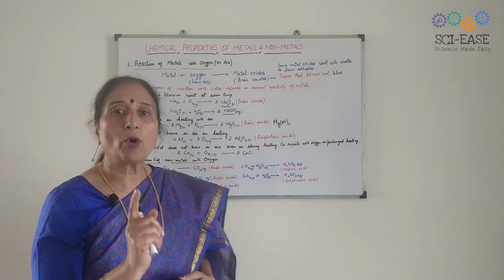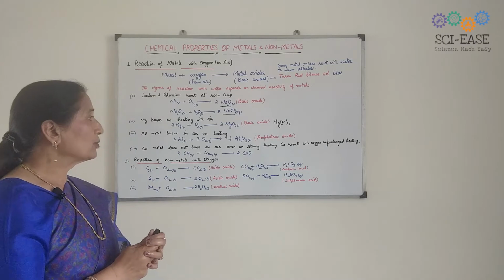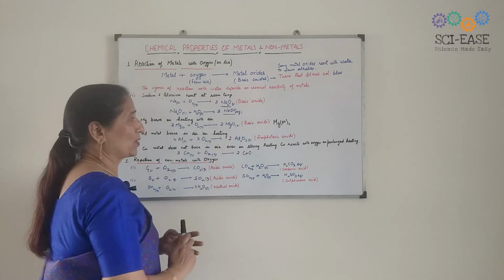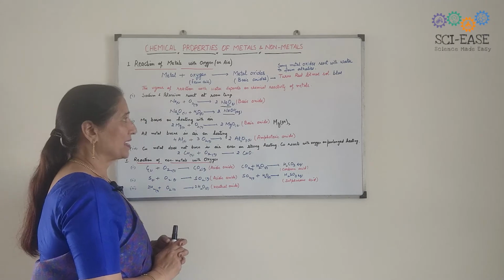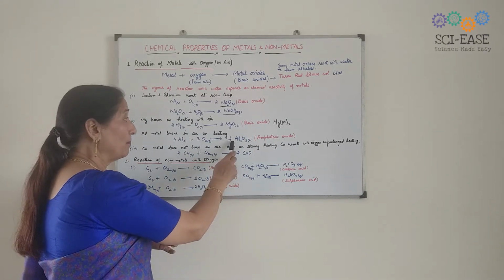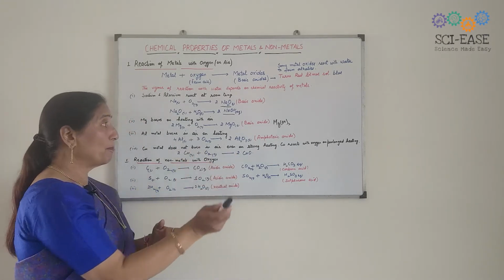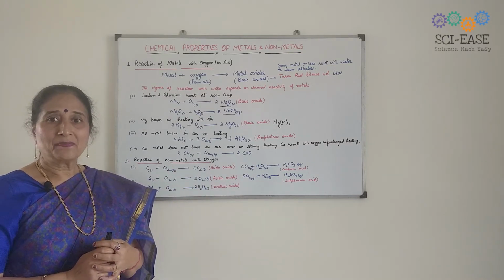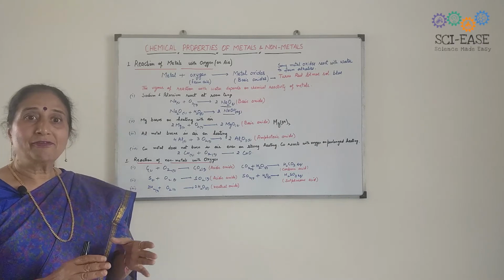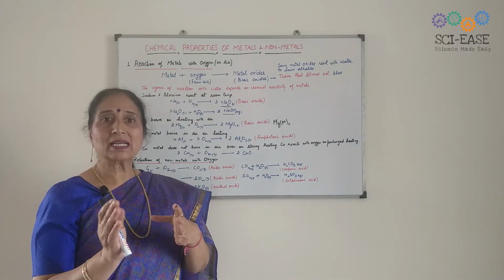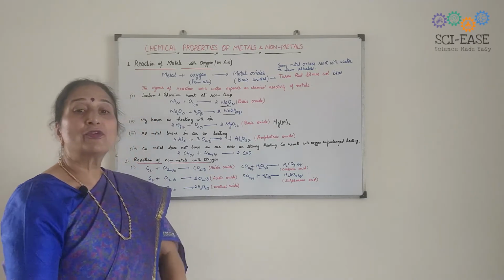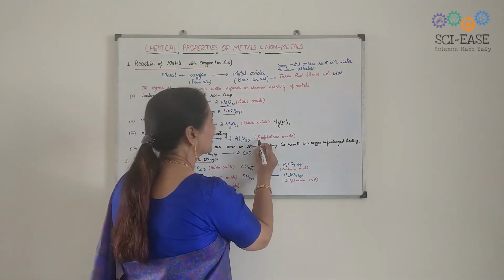One very important term I am going to tell you. Here I have not written the basic oxide. Aluminium will form basic as well as acidic oxide. So those metals which form basic as well as acidic oxides are known as amphoteric oxides.